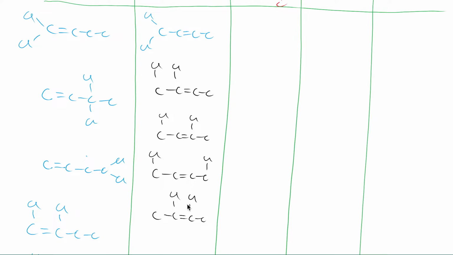Because 2, 4 would be the same as 1, 3, so there's only 5 in total. I don't think you can come up with anything else. So that's the 5 isomers for that.